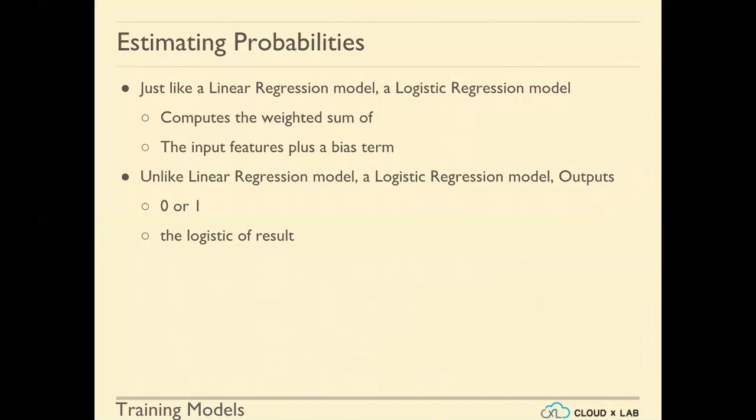So all we do is compute the value as we did in linear regression, and then convert that value into 0 or 1. We convert that decimal number into zeros and ones. That's how we make normal regression into logistic regression.